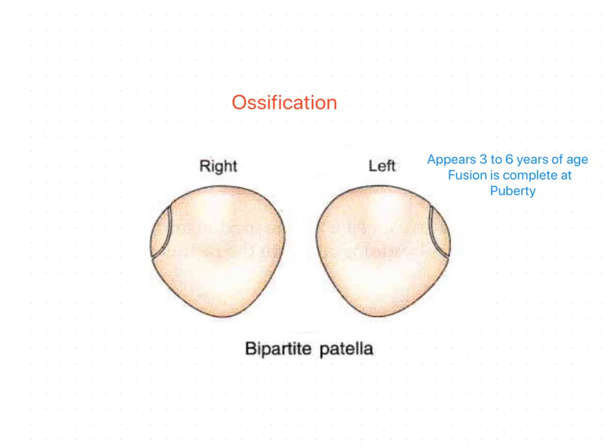One or two centers at the superolateral angle of the patella may form separate pieces of bone, so you can see separate pieces of bone. Such a patella is known as bipartite patella or tripartite patella. Okay, the condition is bilateral and symmetrical.